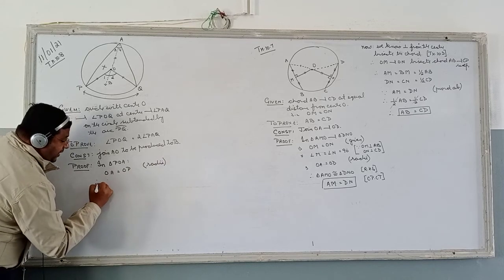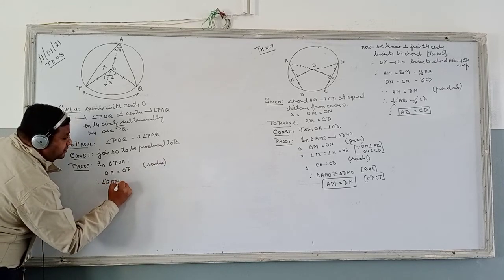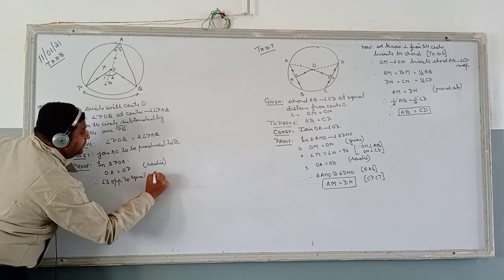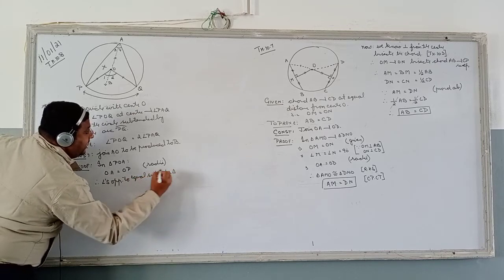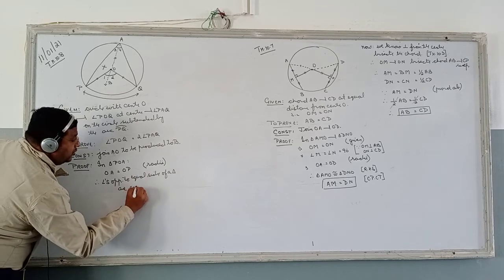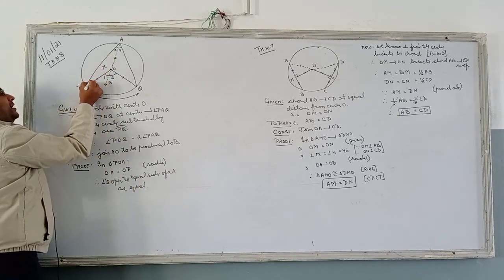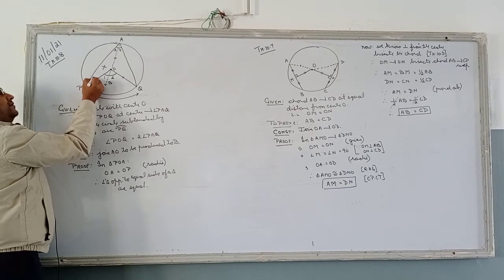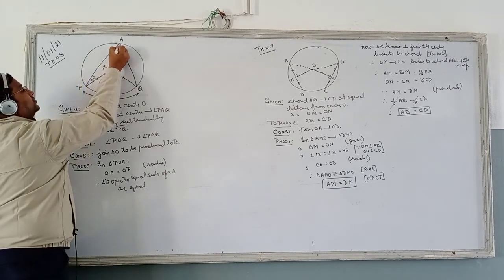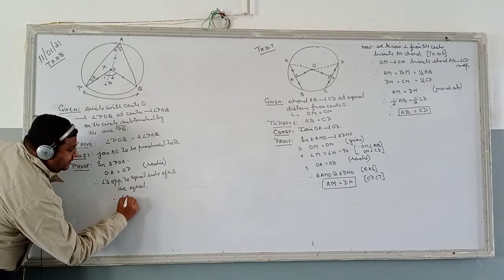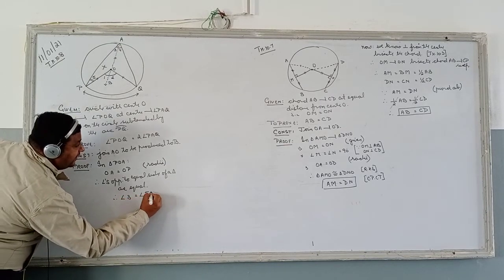So therefore, angles opposite to equal sides of a triangle are equal. So therefore, angle number 3 will be equal to angle number 5. Therefore, angle 3 is equal to angle 5.